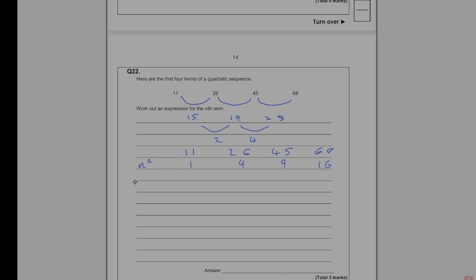So that's going to give me a difference of 10, a difference of 12, and I've made a mistake here. That difference, 26 take away 4 is 22. And then my next difference is 36. And then the difference here is going to be 54, I think.